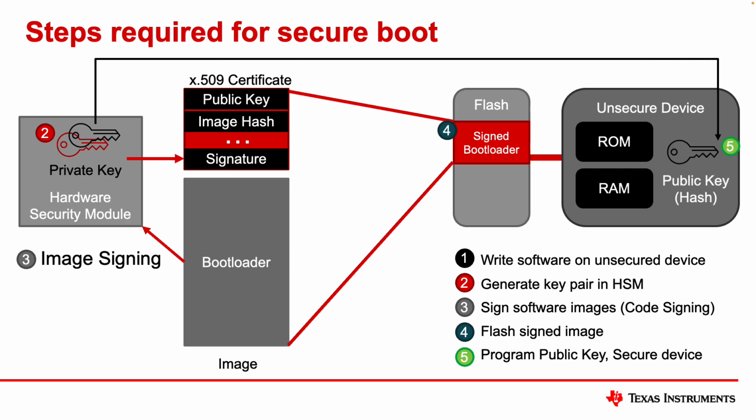So we take our public key from our HSM, we write that into the device, and then we turn on security. Once we do that, this is a non-reversible operation where this device will only now boot code that has been signed by the private key that goes with the public key that it's been programmed with. And that's the process to implement a secure boot operation on an AM6X class device.